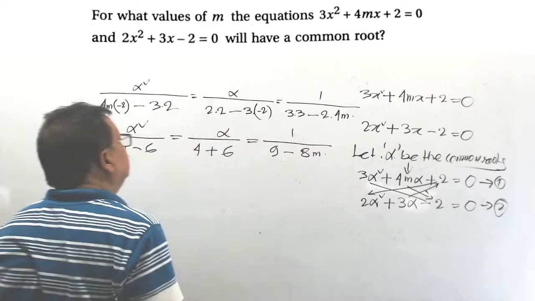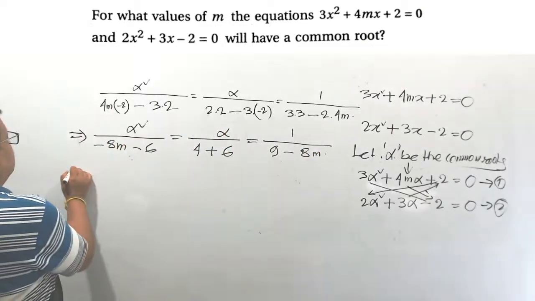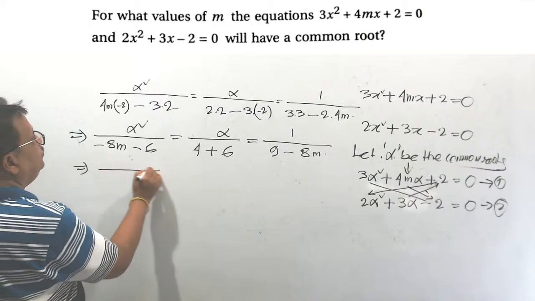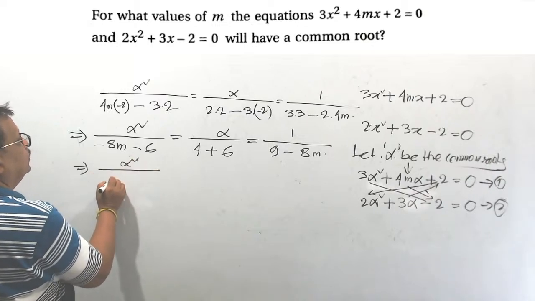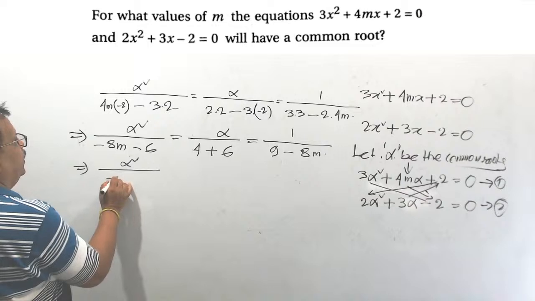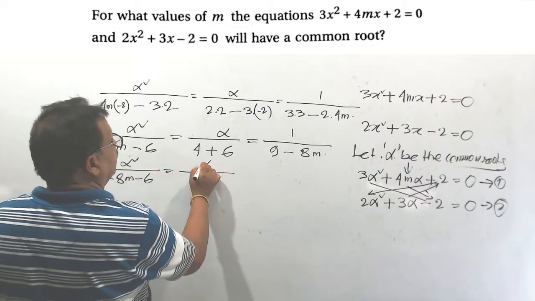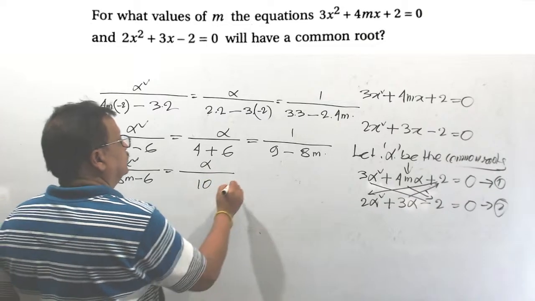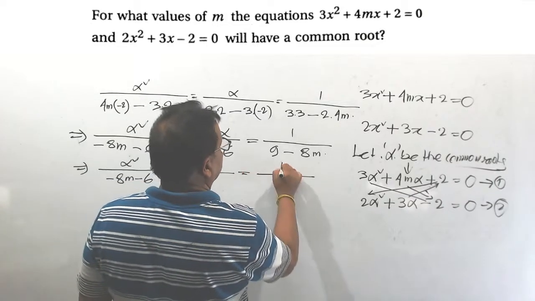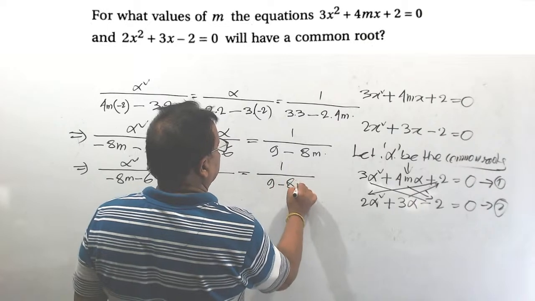Okay, this implies what? Alpha square by minus 8m minus 6, this equals to alpha by 10, this equals to 1 by 9 minus 8m.